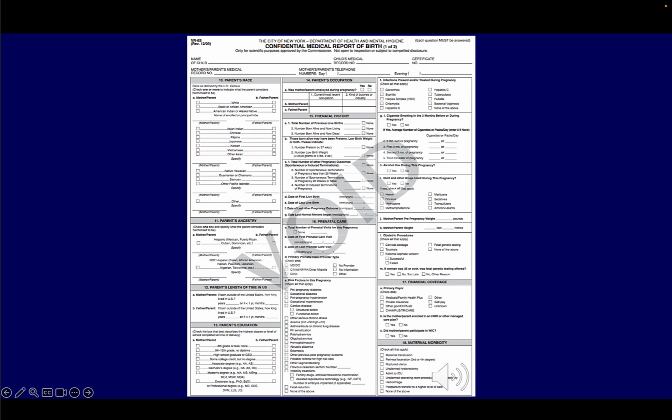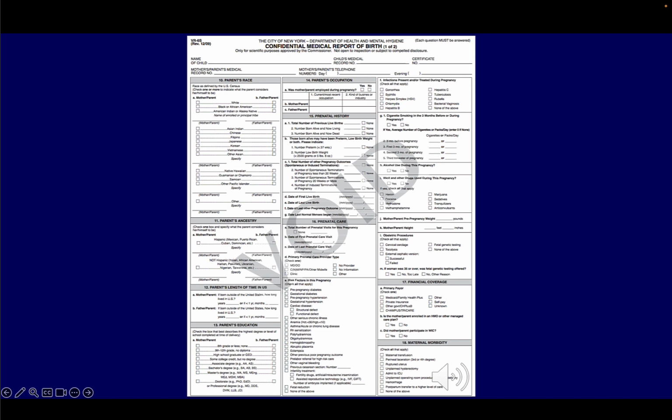And the last two pages of the birth certificate are the so-called confidential components of the birth certificate and include more sensitive information, including medical information about the parents, as well as prenatal history and information about the prenatal care for the pregnancy, some clinical outcomes, financial information or insurance coverage, and also factors related to maternal morbidity in the mother.